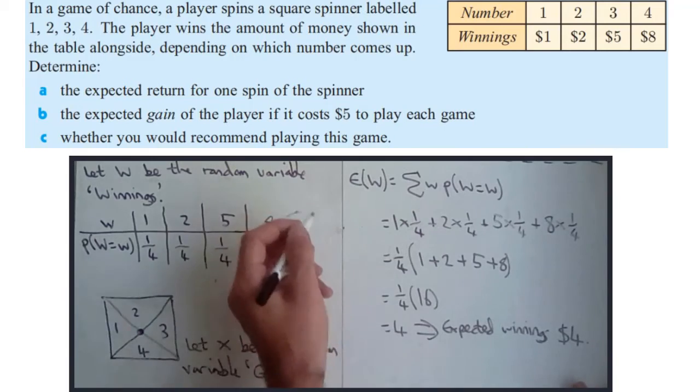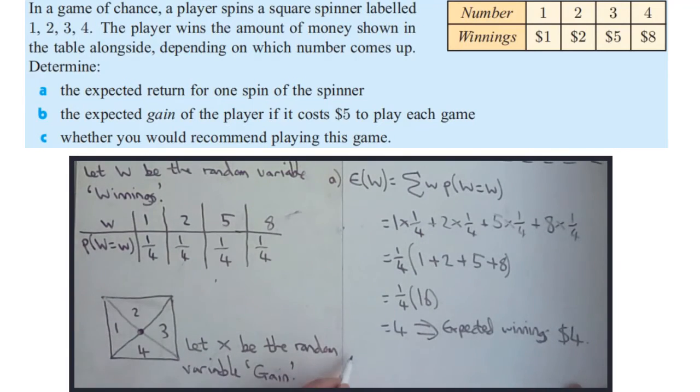So here, this was part A, by the way. Part B, it's just asking me for the expected gain. Well, if the expected winnings are 4 and I pay $5 to play the game, the expected gain is going to be income minus expenditure. So it's 4 minus 5.